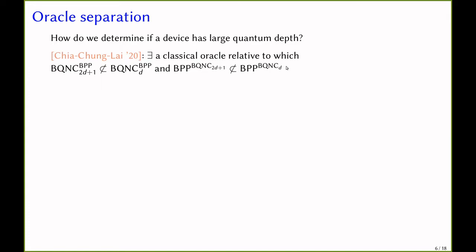I would like to mention that unconditional separation seems hard because it is no easier than separating BPP from BQP, which is a major open question in theoretical quantum computer science. In a relativized model, Nai-Hui and collaborators show that there exists a classical oracle relative to which 2D plus 1 hybrid schemes is strictly more powerful than D hybrid schemes.